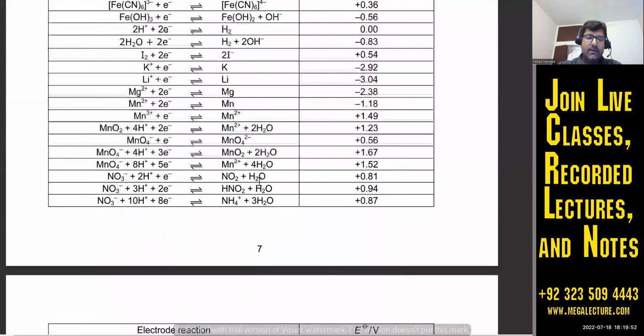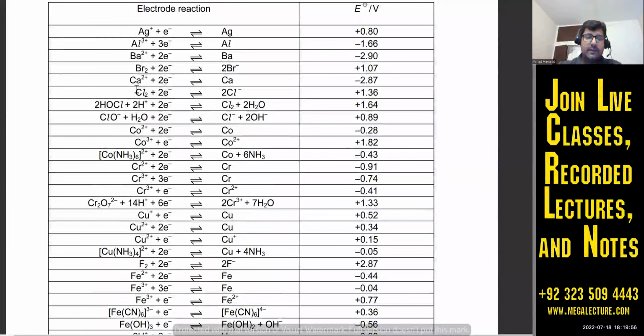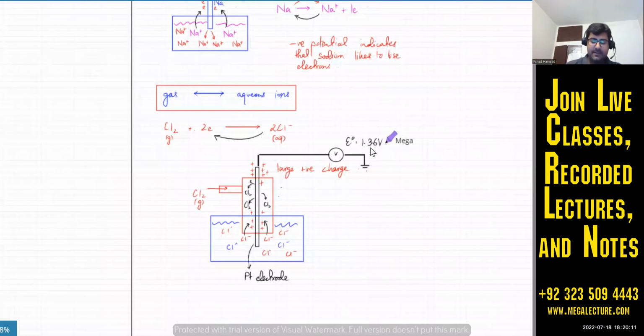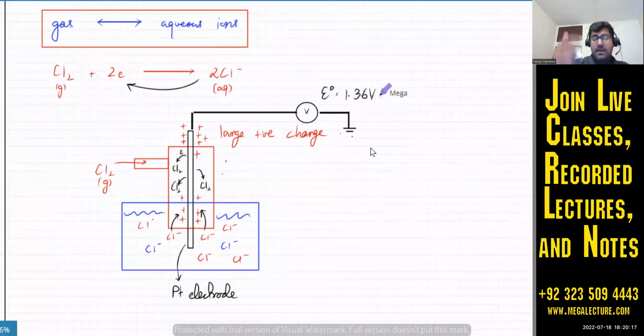Where's chlorine? This is alphabetical, so Cl is over here. Look at Cl2 in equilibrium with Cl- ions. It's 1.36 volts. It's a positive value. So what does that mean? A positive value indicates that whatever substance you had, it really wanted to gain electrons.